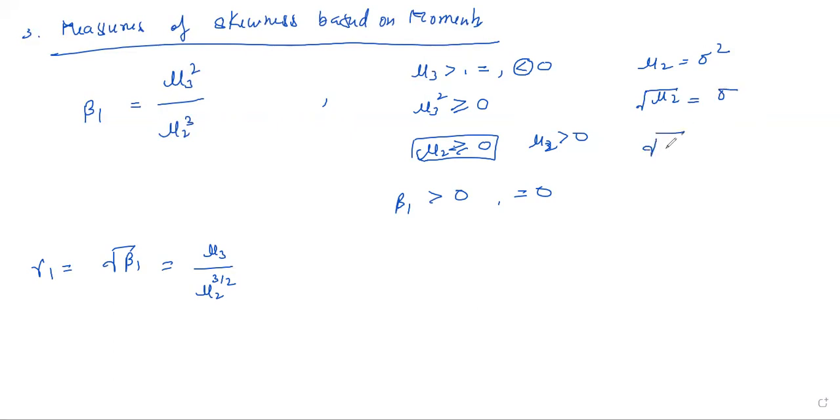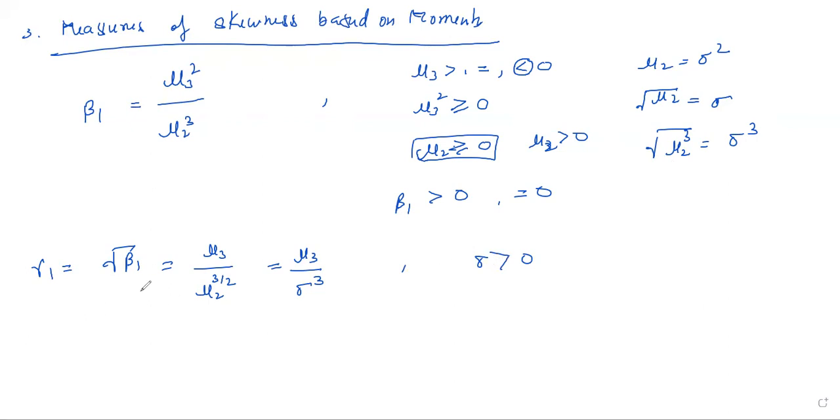And when we write mu2 to the power 3 by 2, it means sigma to the power 3. So here mu3 upon sigma to the power 3, where sigma is always positive.